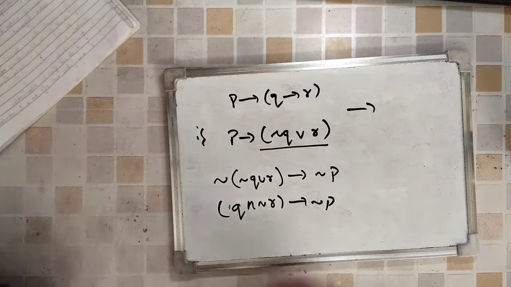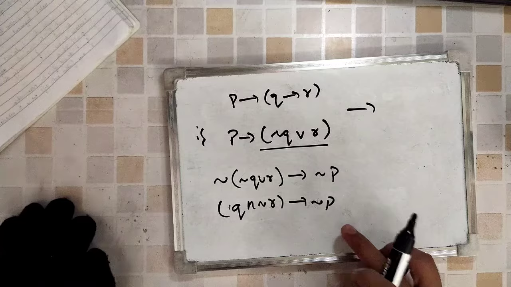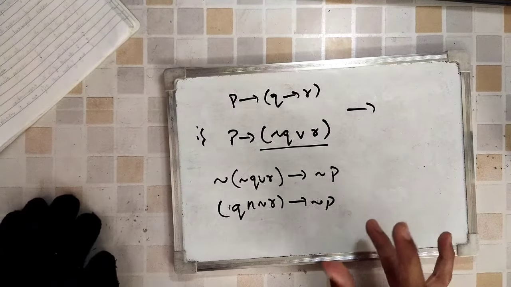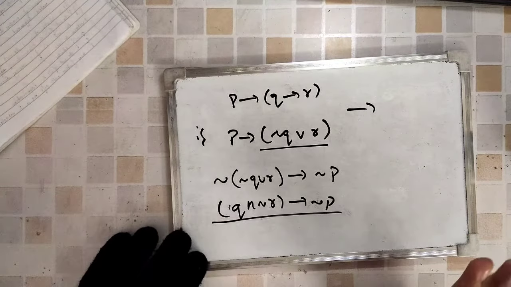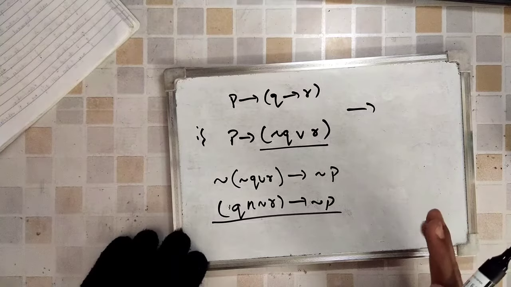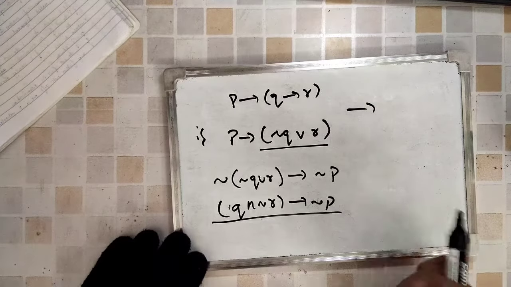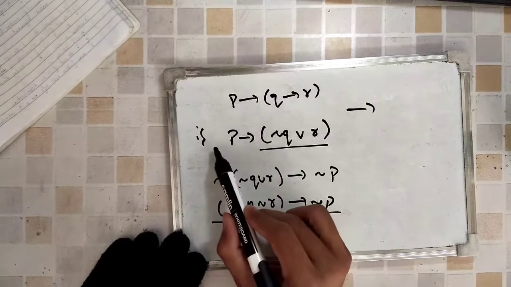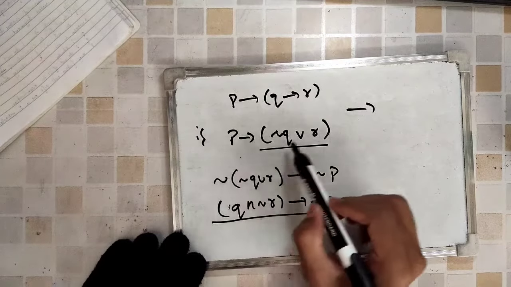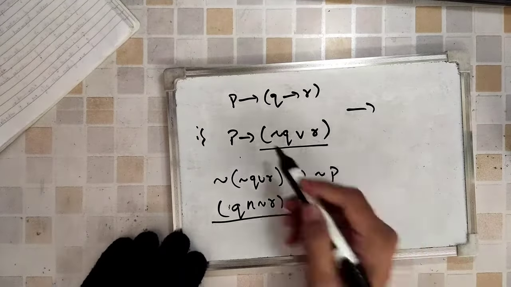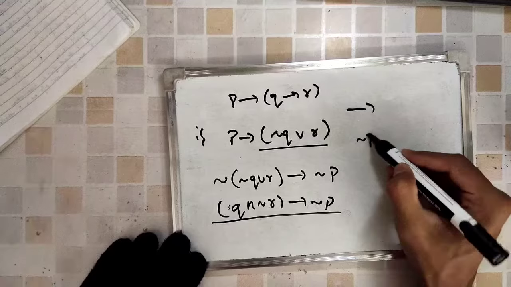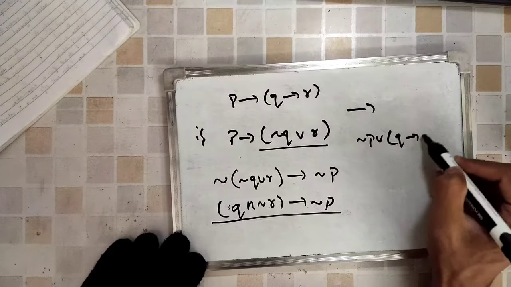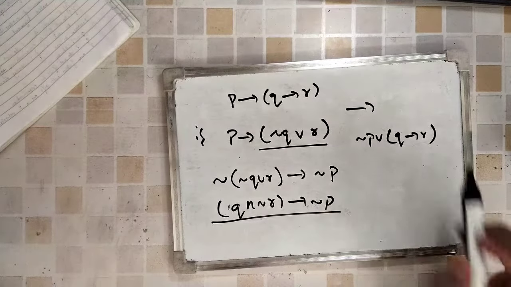This is our one term. Or directly you could have opened it the other way: negation p or q implies r. You could have done this also, right?